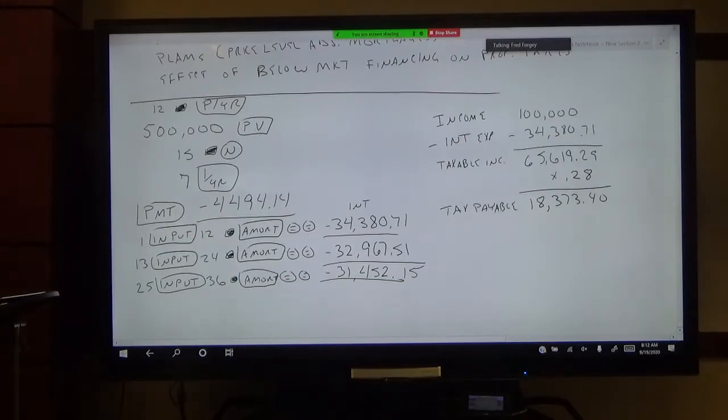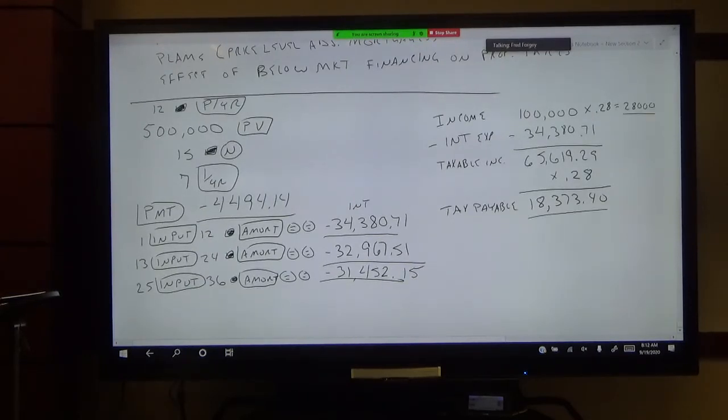But let's assume for a second that we didn't have any interest expense. That we maybe just paid cash for the project, therefore there's no debt, therefore there's no interest expense. Then all of our income would be taxable, meaning 28% times the income would mean we would have a tax bill of $28,000.